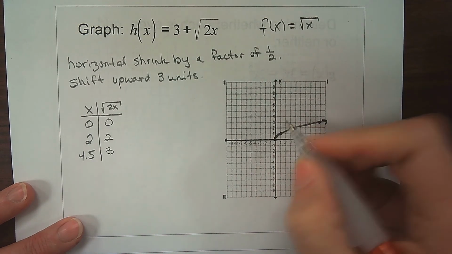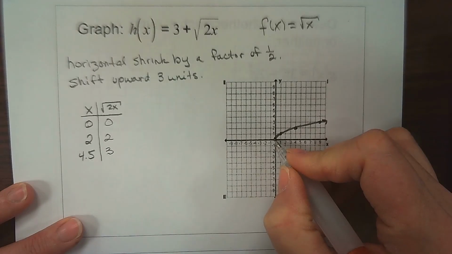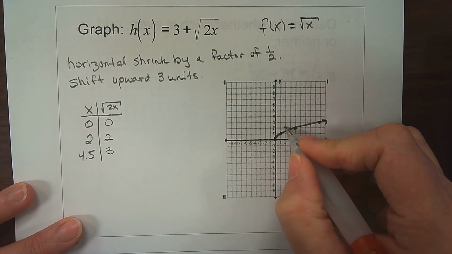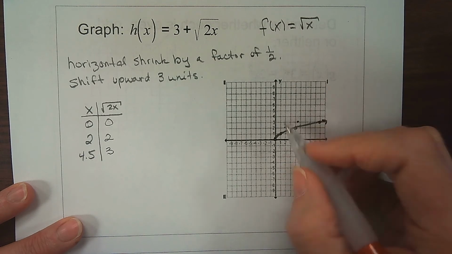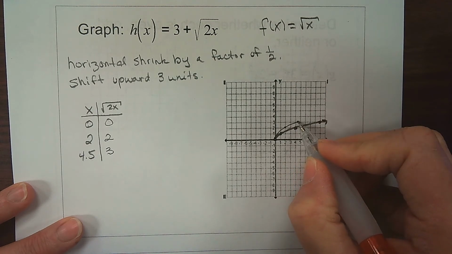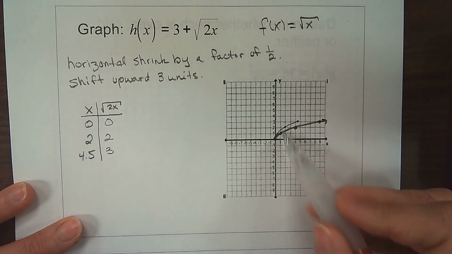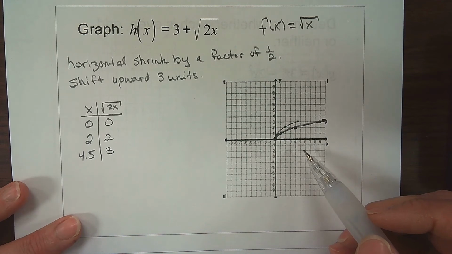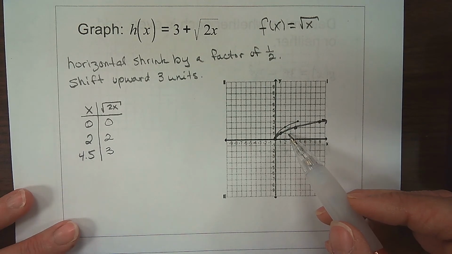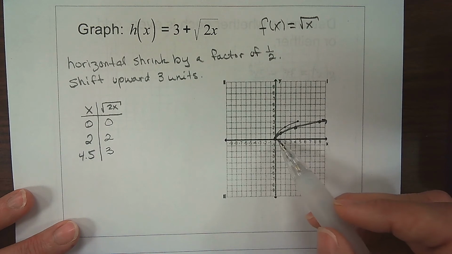Let me go ahead and plot those points now. So now I'm at 0, 0, I'm at 2, 2, and I'm at 4.5, and then I'm up 1, 2, 3 right there. Now some of you, if you were trying to graph this, might say, oh, that actually looks like it's taller, like it's some type of vertical stretch. And perhaps that is true, that it has that appearance. But what I want you to see is that for the same amount of rise, I only had to go over half the amount.